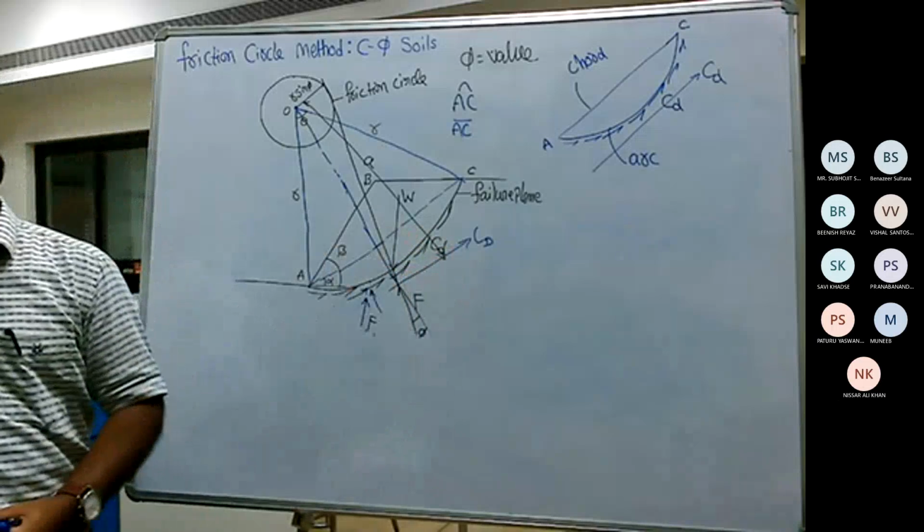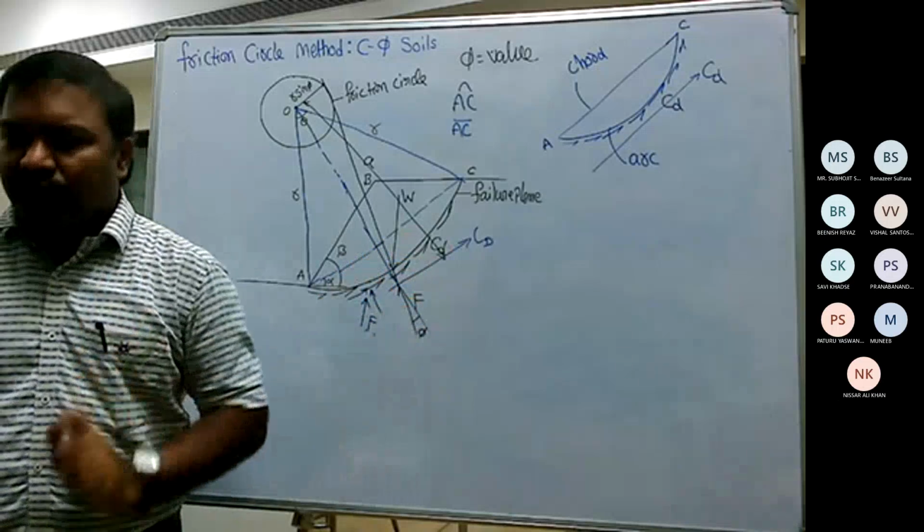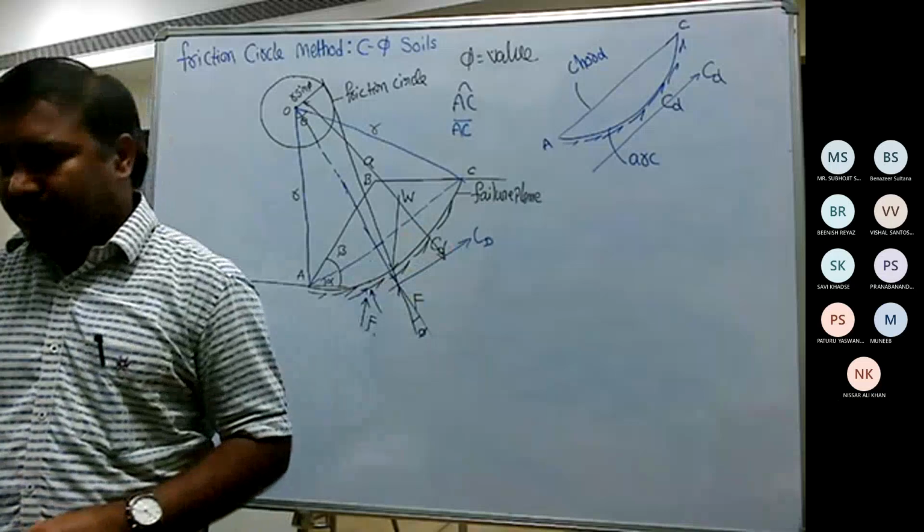So another assumption is there is a concurrence of all three forces: resultant F, the resultant of the cohesion CD, and weight W. Now, by assuming the point of concurrence of the forces, can you draw the force polygon? Can you try it?